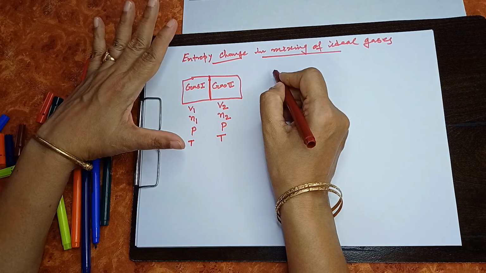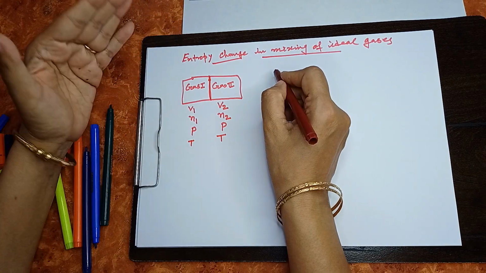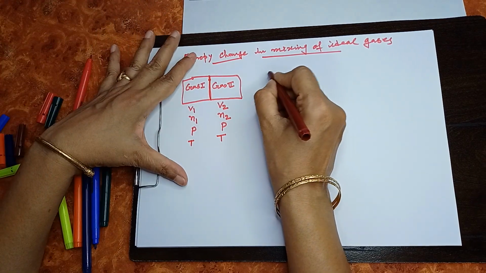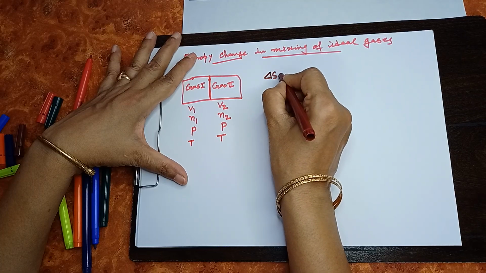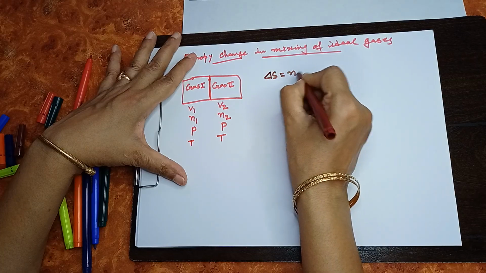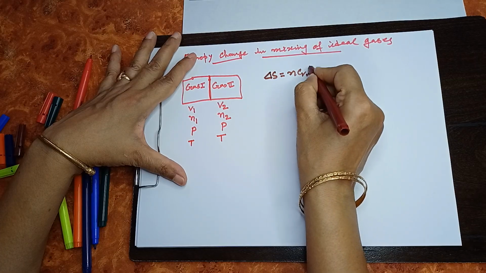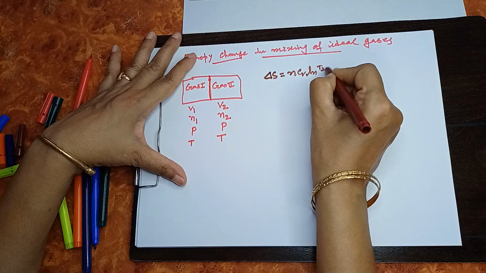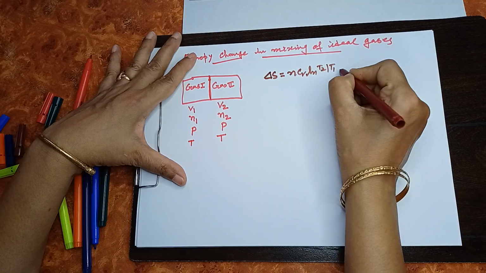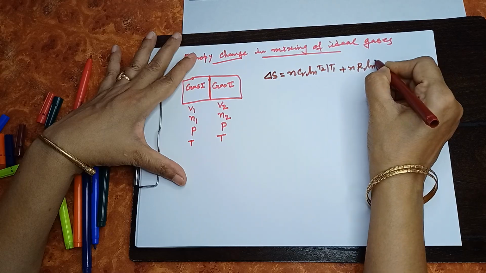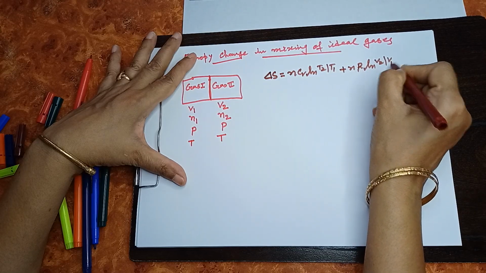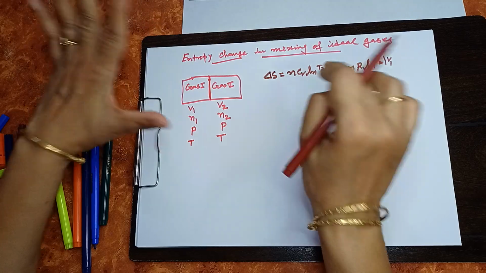Now we know the common equation for the entropy change that we have already derived for the ideal gas, that is delta S is equal to n Cv ln T2 by T1 plus nR ln V2 by V1. This equation I have already derived.